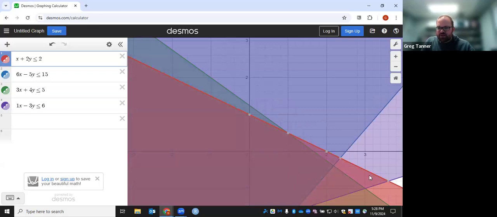Notice that we've got two constraints that are off over here that keep this whole region still feasible, but these constraints are way off and not really affecting the solution at all. So pause the recording and copy this down to the sheet.